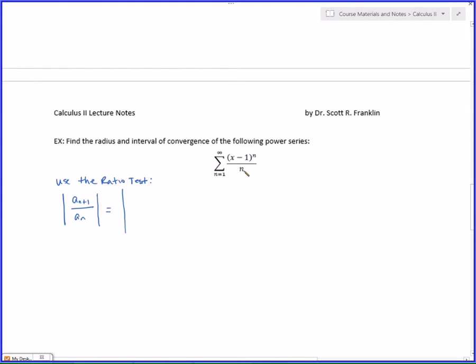Plugging in n plus 1 for the n's, you get x minus 1 to the n plus 1 divided by n plus 1, all of that over x minus 1 to the n over n.